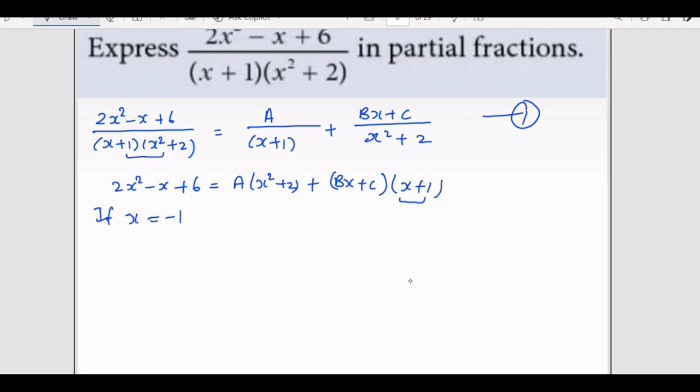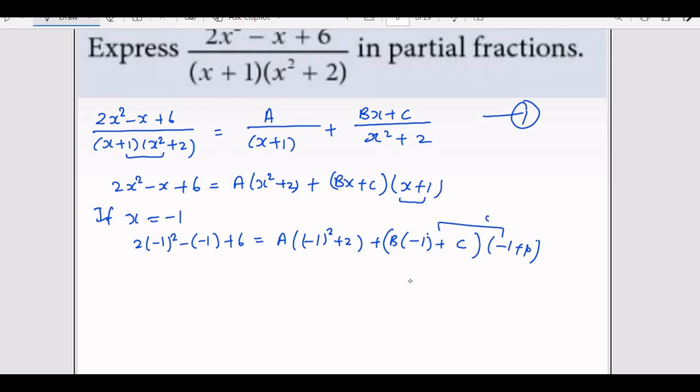So the left hand side is going to be 2 into (−1)² minus (−1) plus 6, equals a into ((−1)² + 2), and the other term becomes 0.